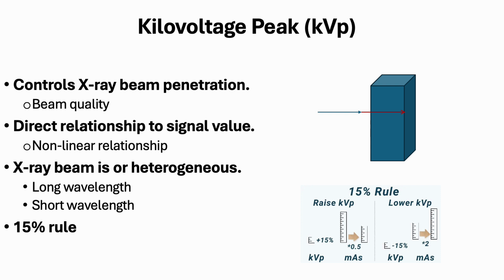Just think of it as that. This is really related to kVp. When I increase or decrease my kVp by 15%, I also have to increase or decrease my mAs by 50%. That is the concept. 15% on kVp, 50% on the mAs.